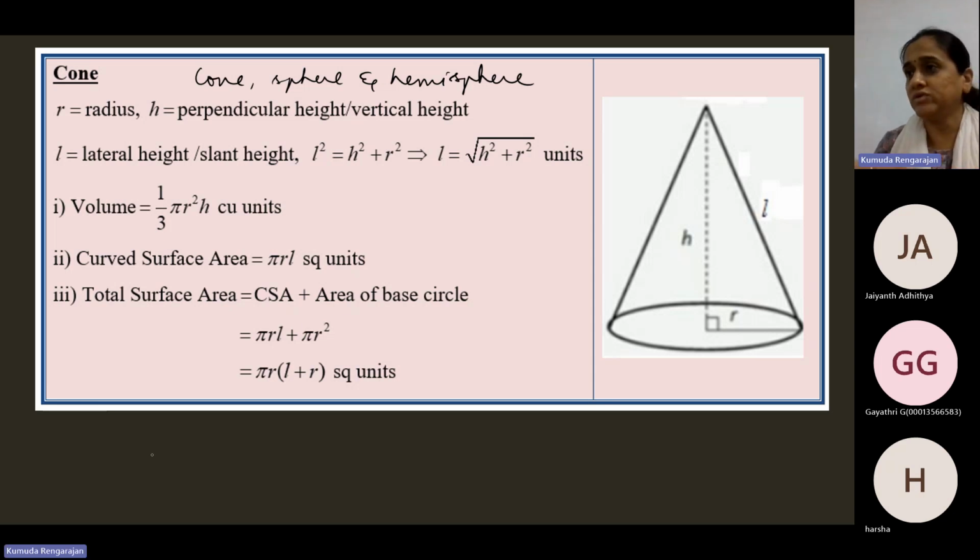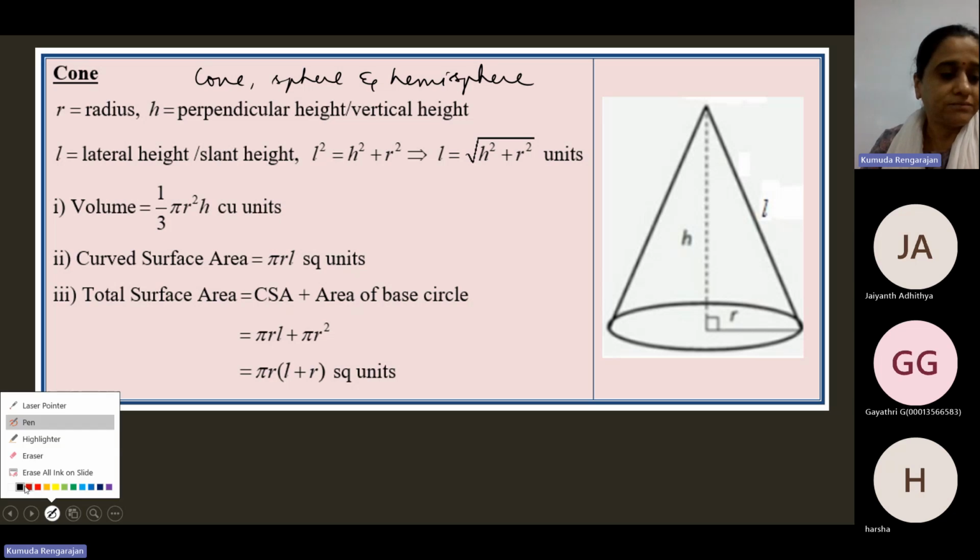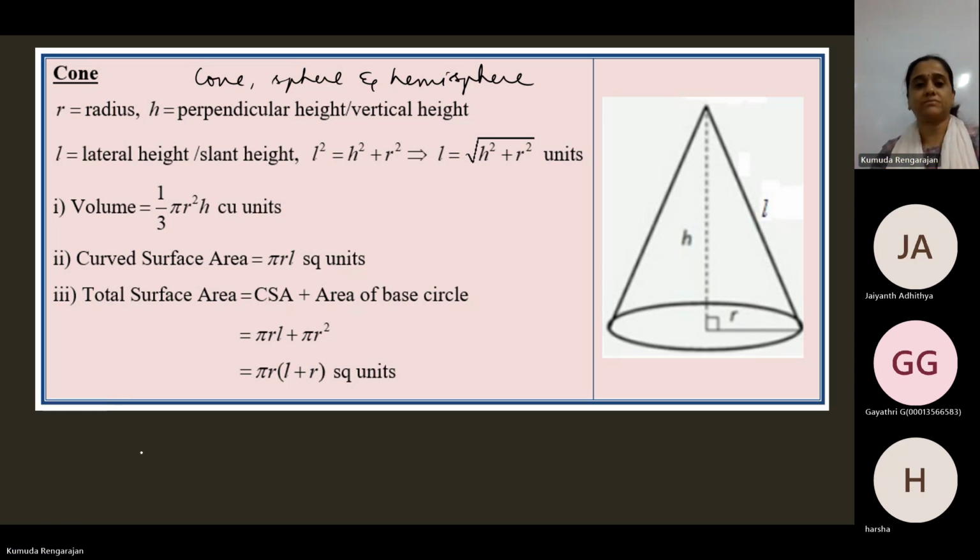We used to visit cuboids and cylinders again in 9th standard, but now that's removed. So we have only cone, sphere, and hemisphere for 9th standard.